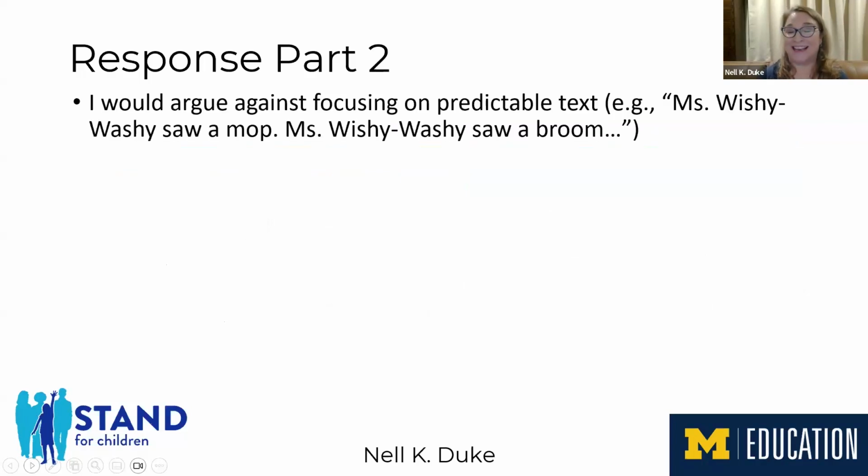I would argue against the second of the 2 types of text they use there as being what you focus on in trying to get children to this benchmark of emergent reader texts. And the reason that I would argue against that in part is actually right there in the example they gave, right?